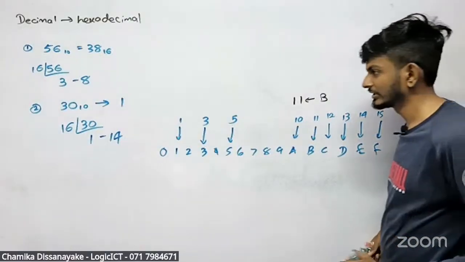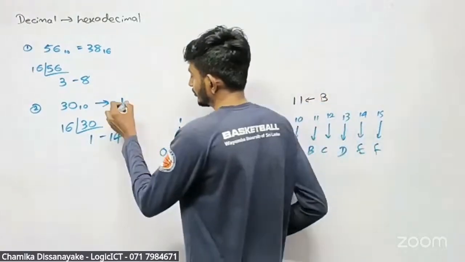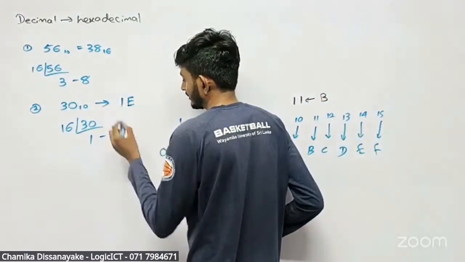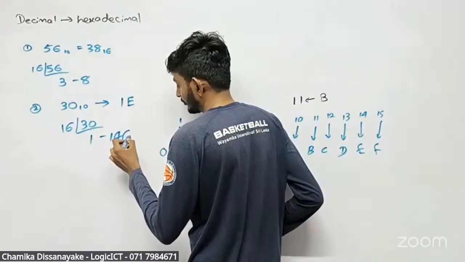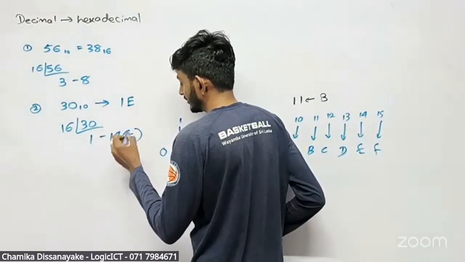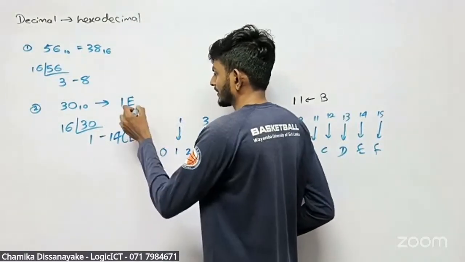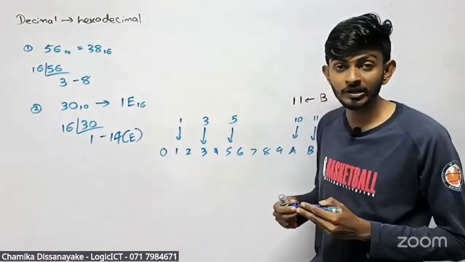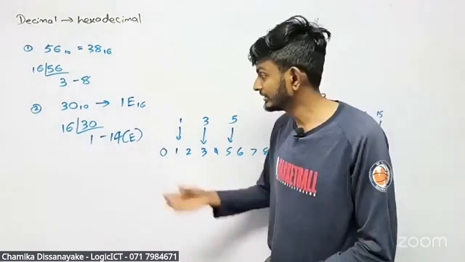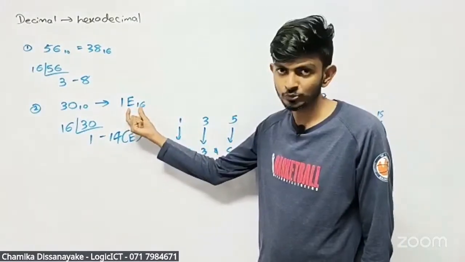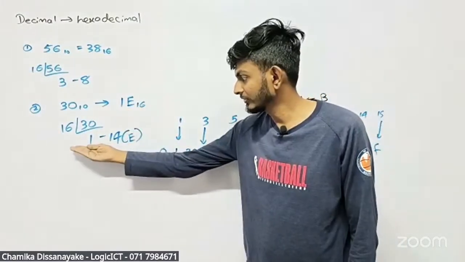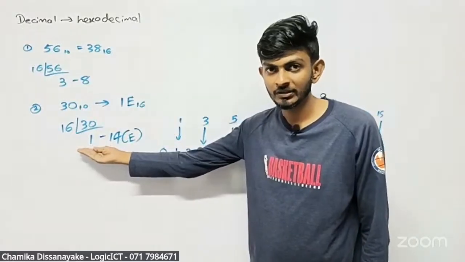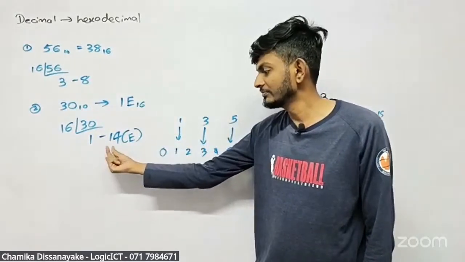So here we have to put the E. Again, you can also put E inside the bracket. When we are going to write the answers, you have to put the symbol, not the value. But when we are doing the calculations, we will have the value, not the symbol.